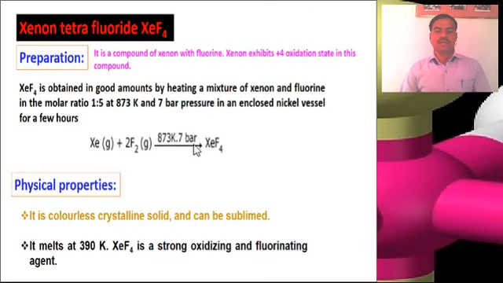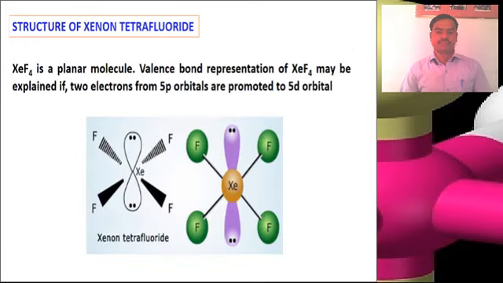See the reaction: xenon gas plus 2F2 gas at 873 Kelvin and 7 bar pressure gives xenon tetrafluoride. The physical properties of XeF4: it is a colorless, crystalline solid and can be sublimed. Its melting point is 390 Kelvin. XeF4 is a strong oxidizing and fluorinating agent.